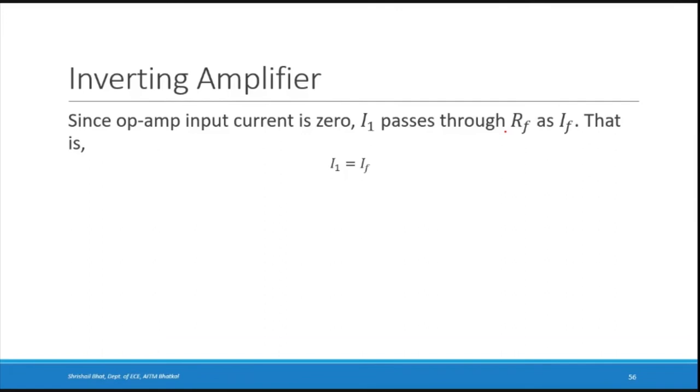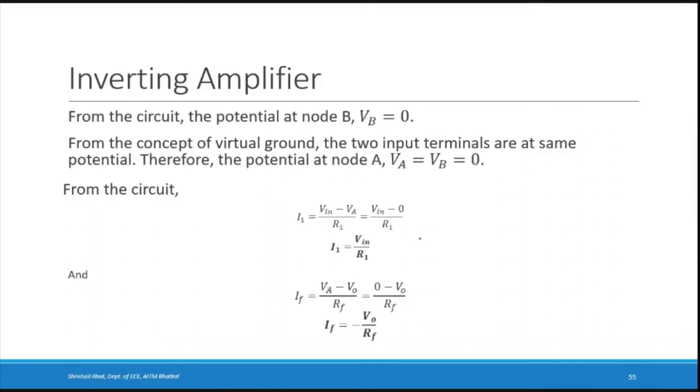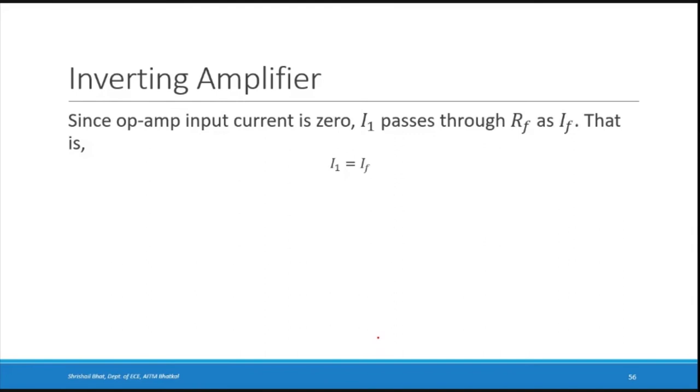Now you know the equations for I1 and IF. I1 is V in by R1, and IF is minus V0 by RF. So if you substitute them, you get this particular expression.